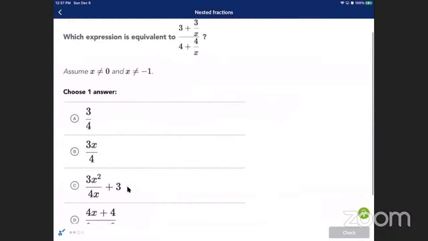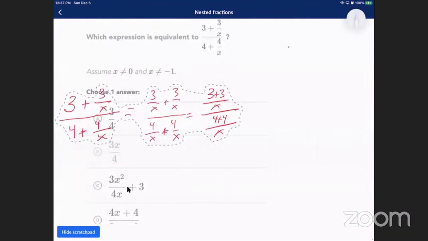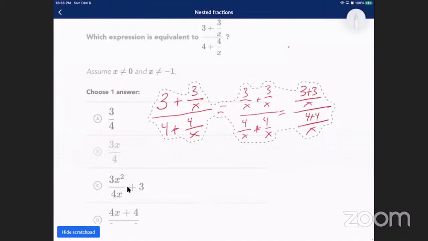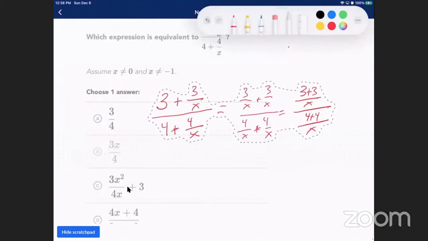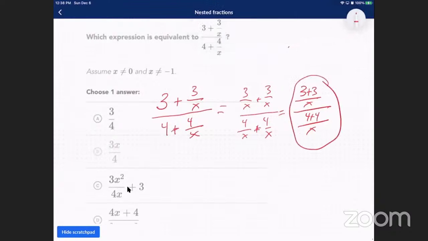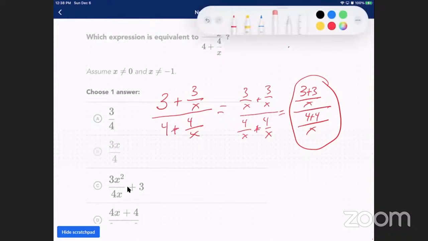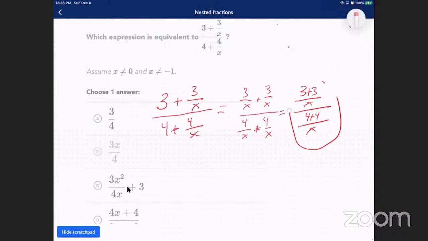So now what we can do is that we take this, and then we put the division in the middle.